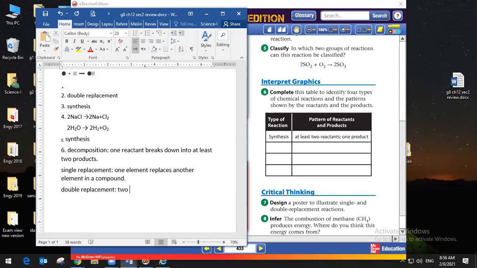So 2 elements in 2 compounds replace each other, producing 2 compounds.